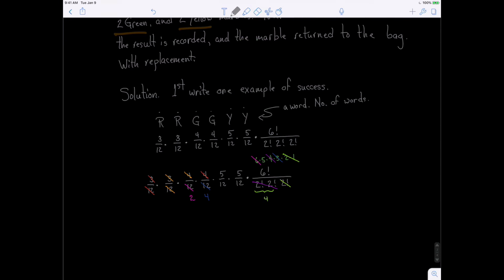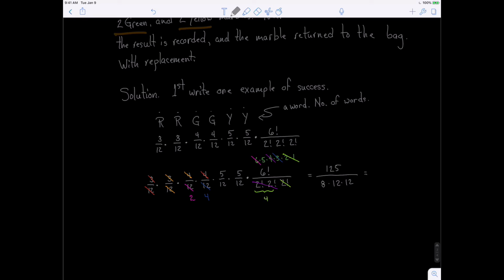Notice in the numerator I have a 5 times a 5 times a 5. That's 125. And in the denominator I have a 2 times 4. That's an 8. Times a 12 times a 12. I don't think there's any more reducing we can do.